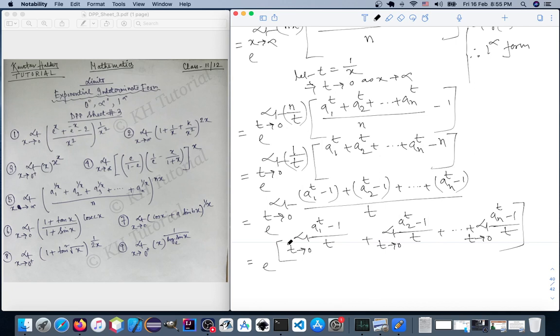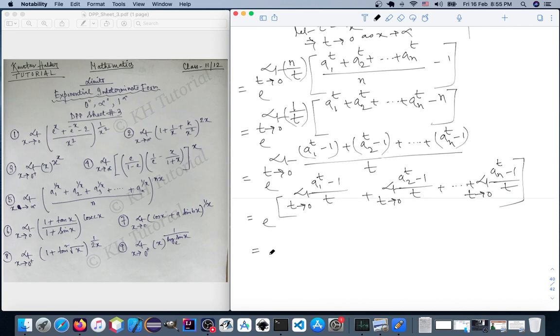So we get log of a1 plus log of a2 plus log of an.